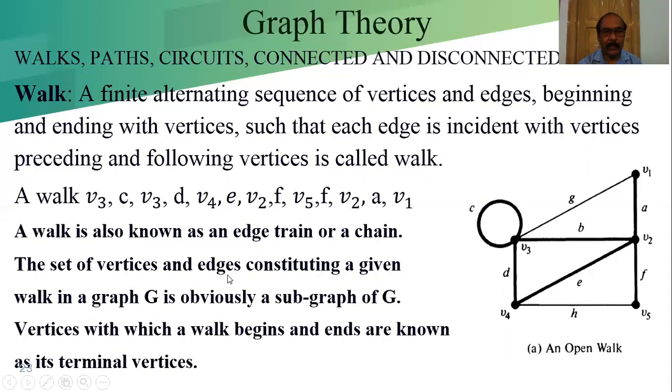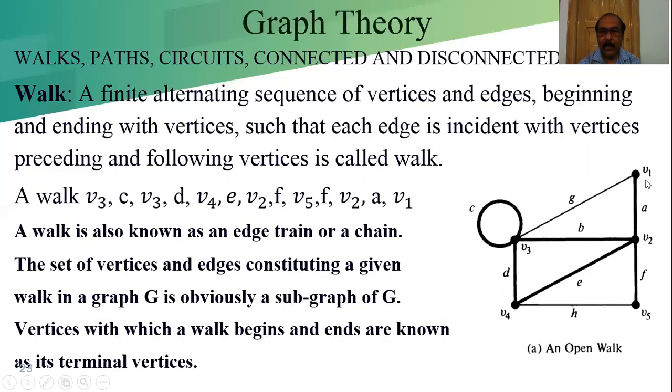The set of vertices and edges constituting a given walk in a graph G is obviously a subgraph of G. Subgraph of G means all the vertices and edges present in a graph G dash.